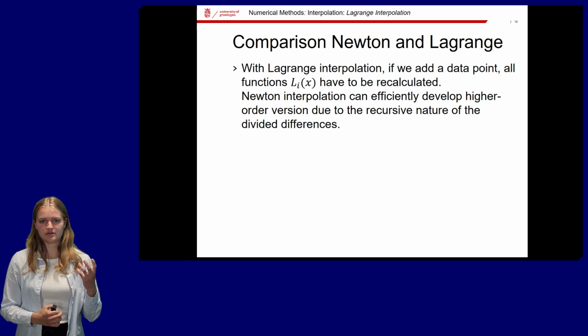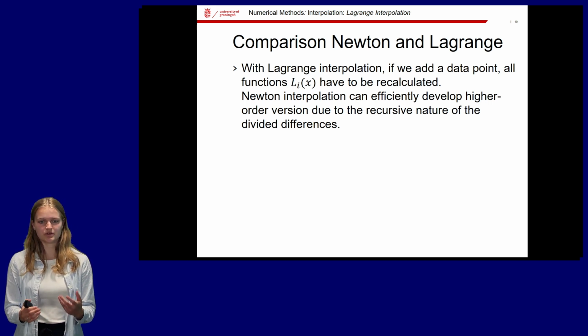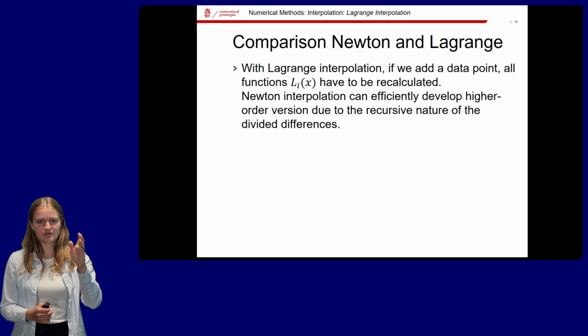But this recursive nature of the finite divided differences makes it very useful to develop higher order versions with Newton interpolation. Because if you add a data point to your data set with Lagrange interpolation, you will have to calculate all these functions Li of x again. Whereas with Newton interpolation, you still have these finite divided differences, but you only add one.